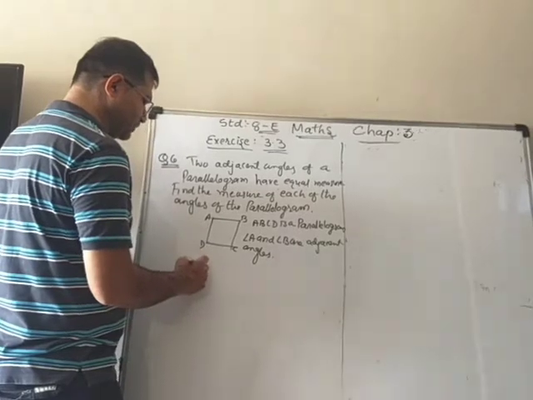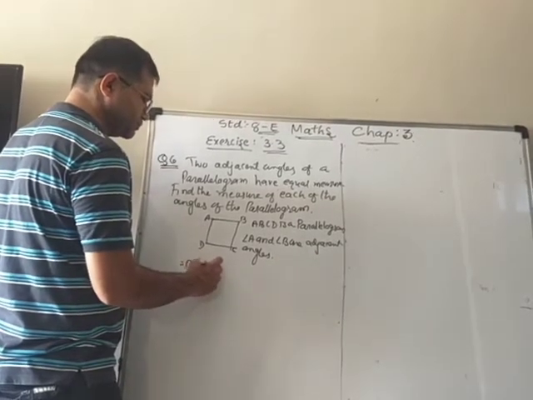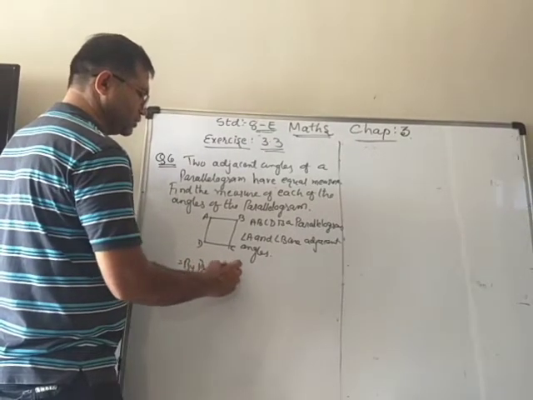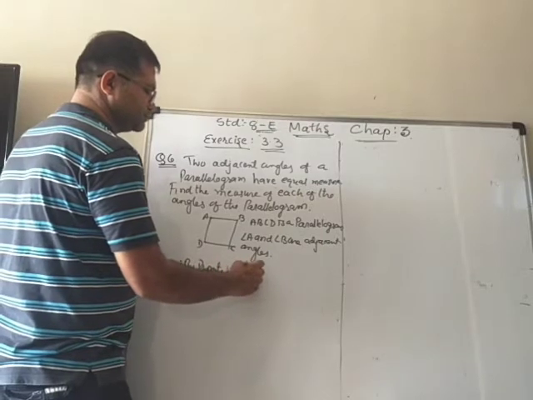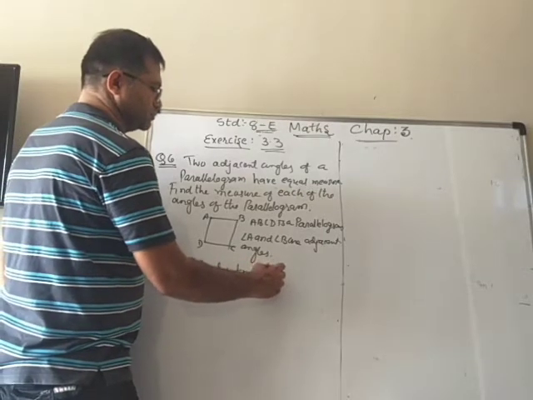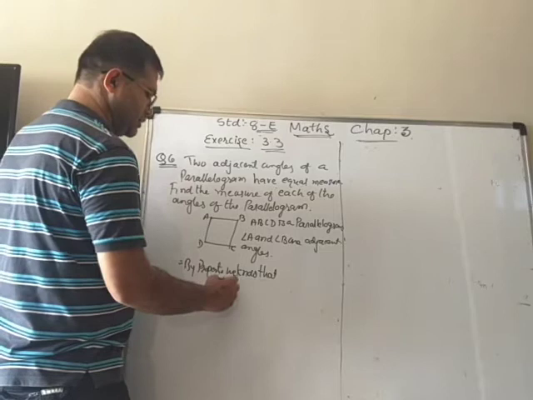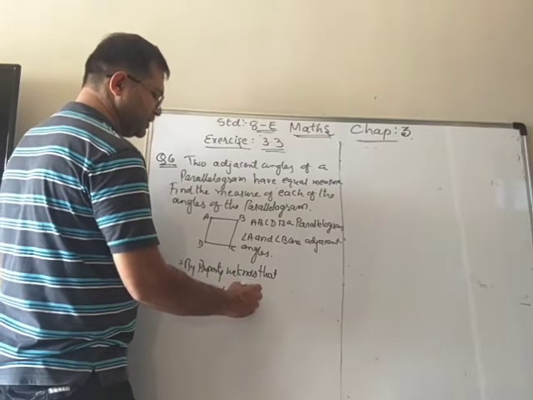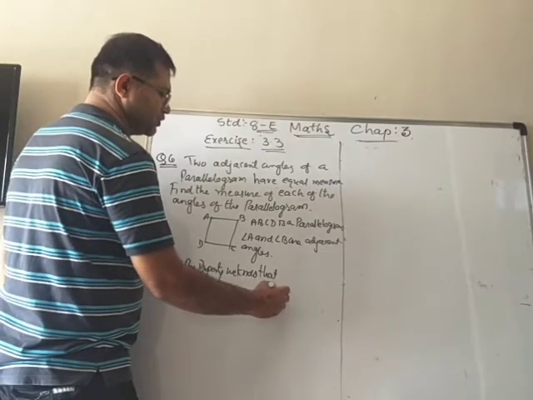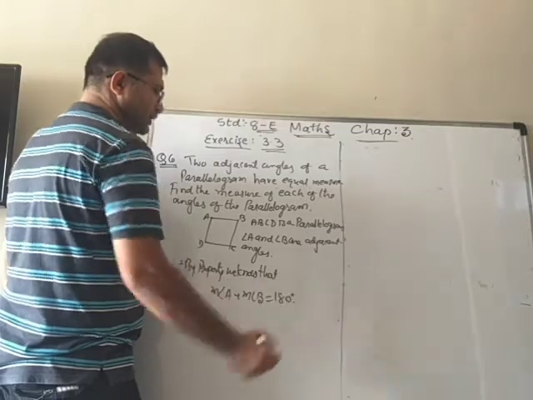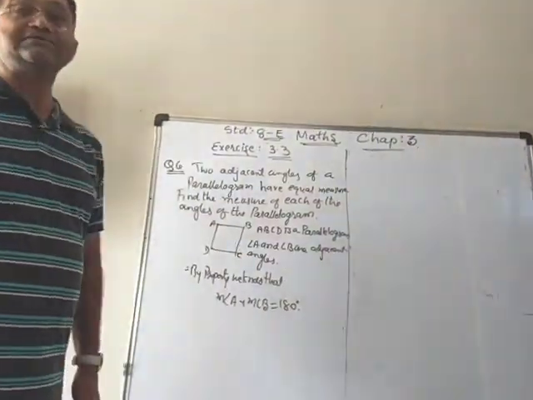Therefore, by property, we know that measure angle A plus measure angle B is equal to 180 because the adjacent angles are supplementary.